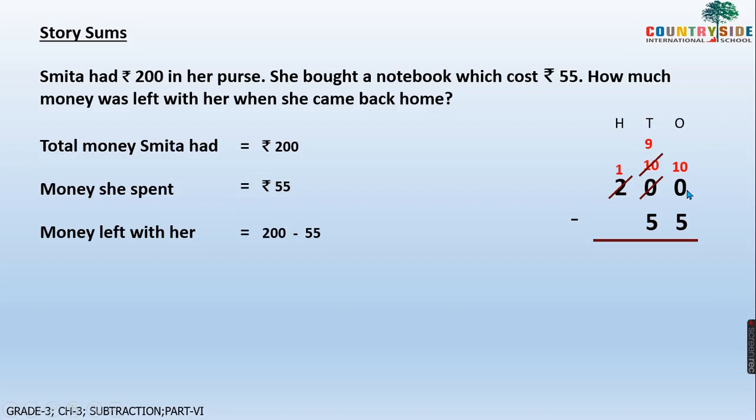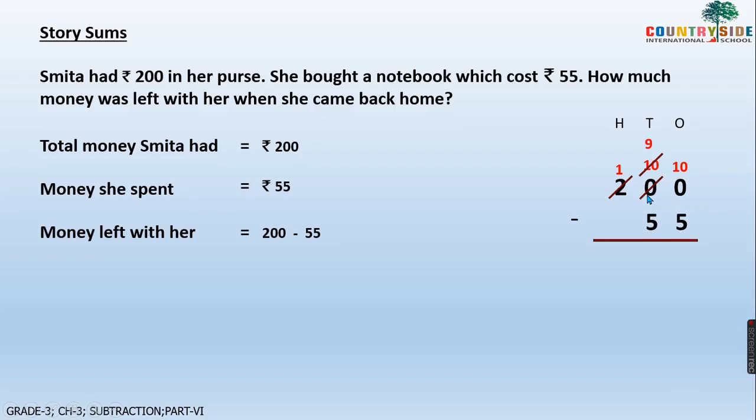So like this you have to borrow when there are zeros on the upper number, and down we have a bigger number. So again I am repeating, children, when we have 0 here and from 0 we have to subtract any number, which is not possible.